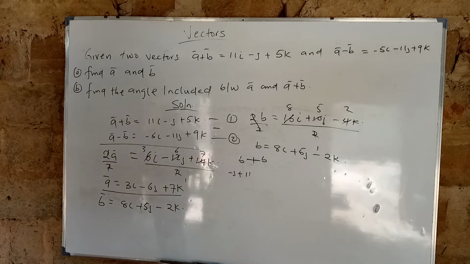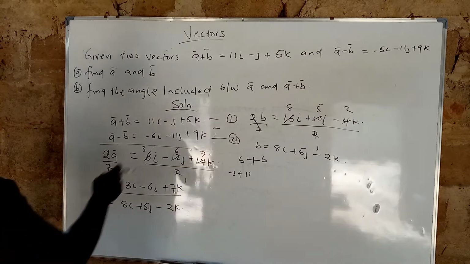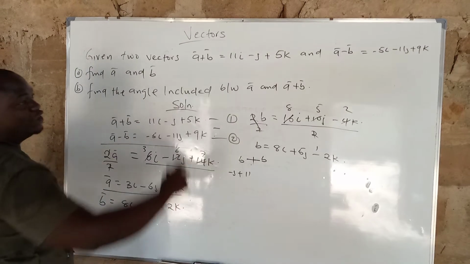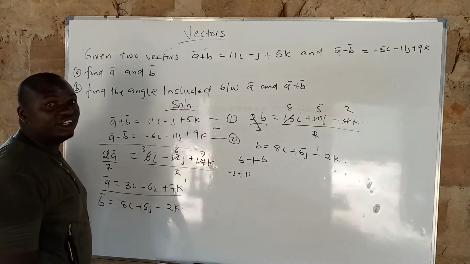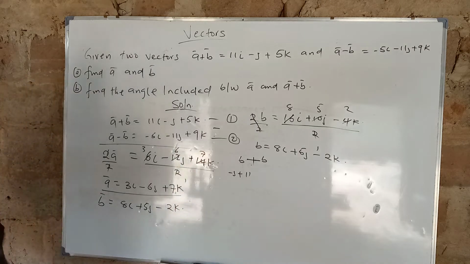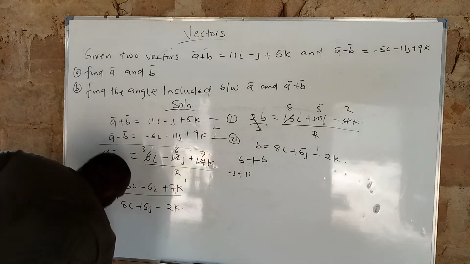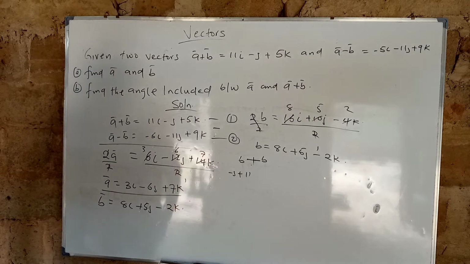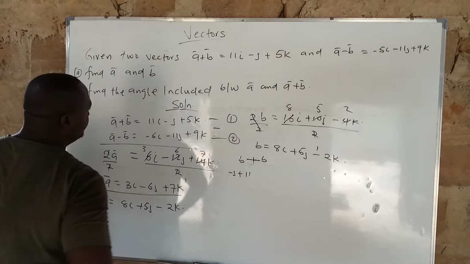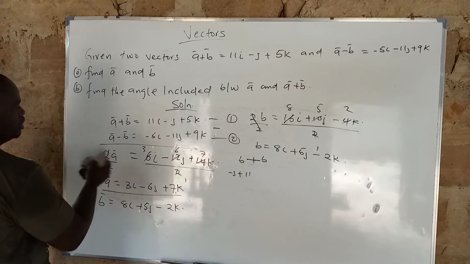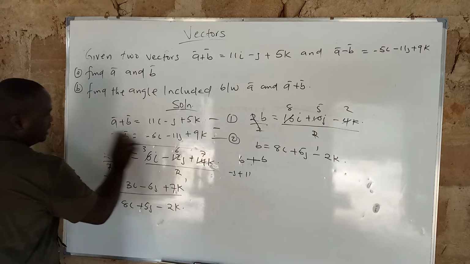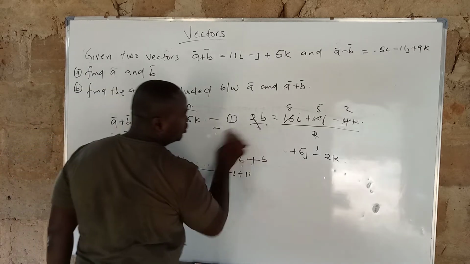Now remember, the angle included between A and A plus B is found using the dot product. And then remember, you already have your A, and you already know your A plus B. Let me clean this side to make space.